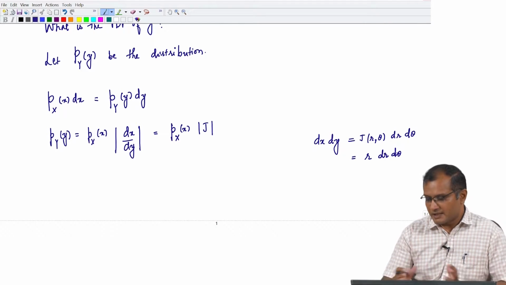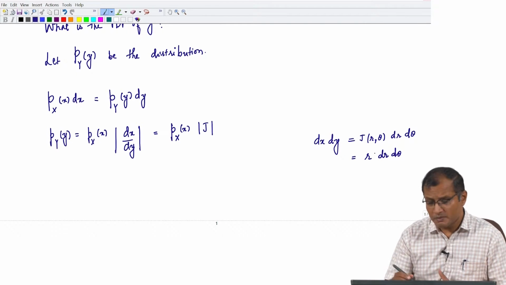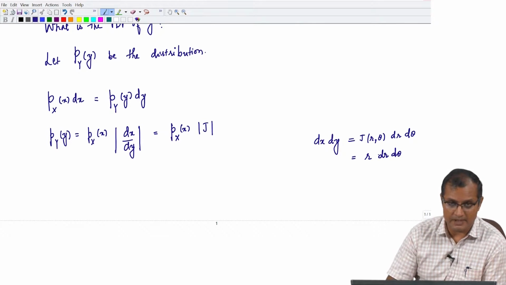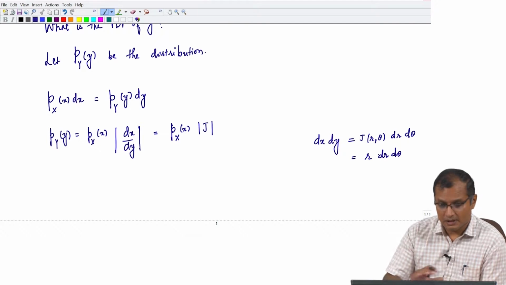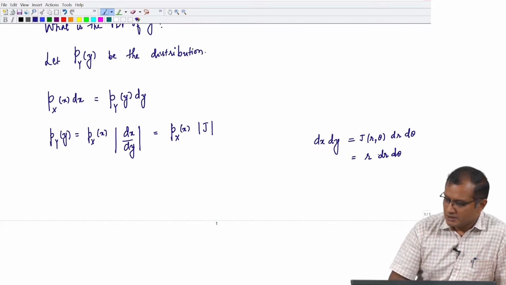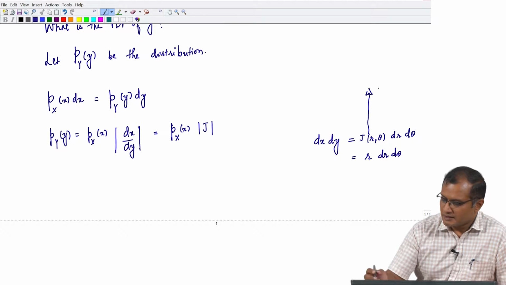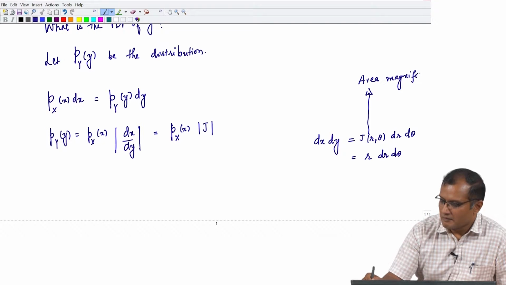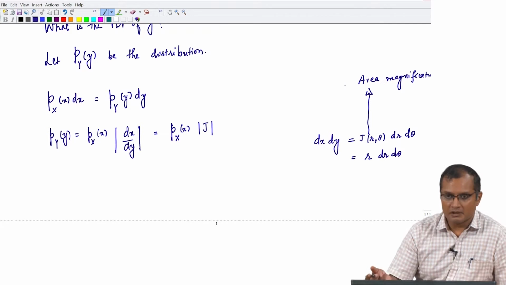So, in this case the Jacobian is not unity, it is r. So, you can also call the Jacobian the area magnification factor. So, this is the 2 dimensional argument.